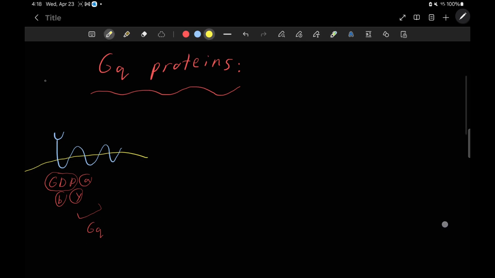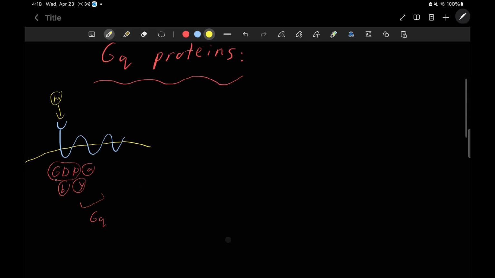So a messenger molecule comes along, right? And it binds to your GPCR receptor, and now your GDP leaves and it gets replaced with GTP. So we can replace this GDP with GTP, and now your GQ protein is active.